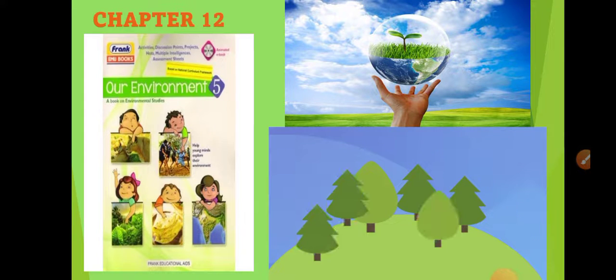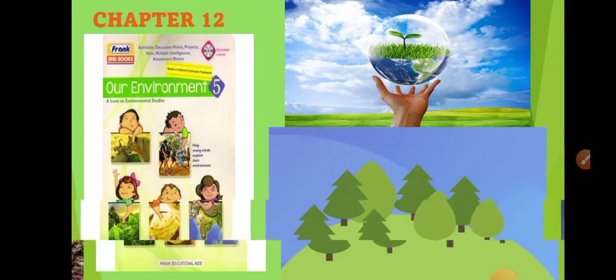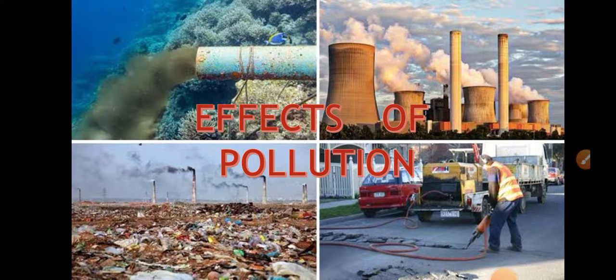Okay, so we are going to discuss the effects of pollution as a whole. What are the effects? Here, the effects of pollution as a whole would be the effects which we have seen in the different types of pollution. What are the effects of air pollution?